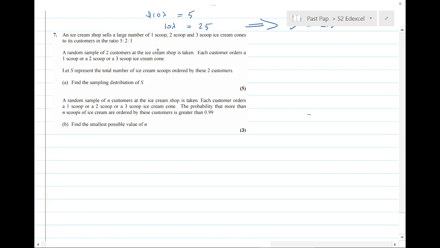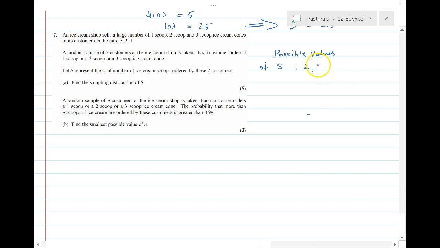A random sample of 2 customers at the ice cream shop is taken. Each customer orders a 1 scoop, a 2 scoop or a 3 scoop ice cream. Let S represent the number of scoops ordered by these 2 customers. Possible values of S: first of all, there are 2 customers, so S could be 2, of course, if they both got 1 scoop.